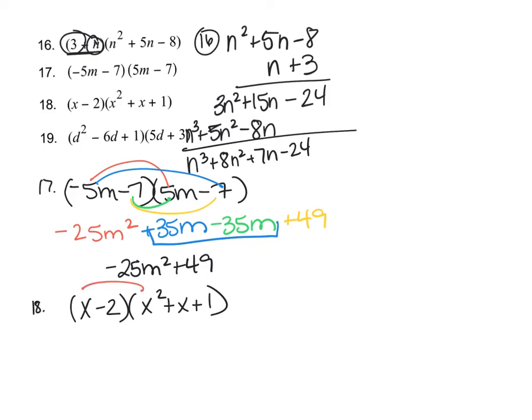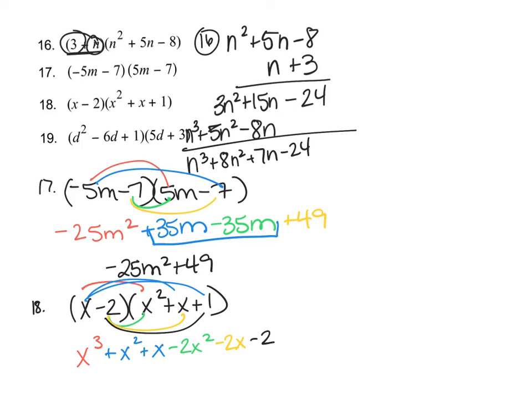x times x squared, x cubed. And we have x times x, plus x squared. And x times 1, plus x. Then we're going to do negative 2 times x squared, minus 2x squared. And negative 2 times x, negative 2x, and negative 2 times 1, negative 2.